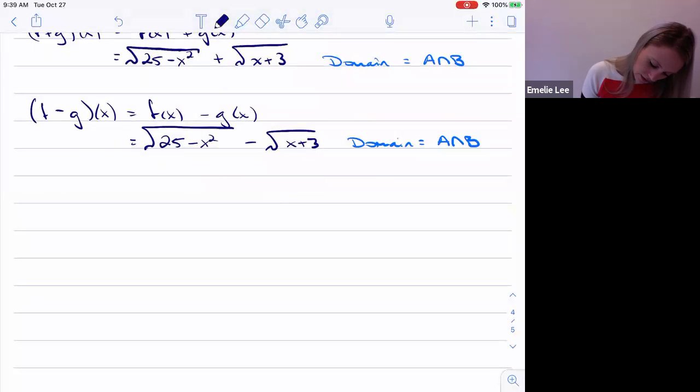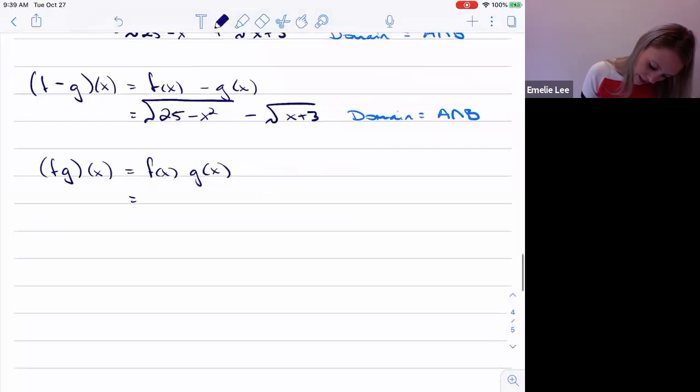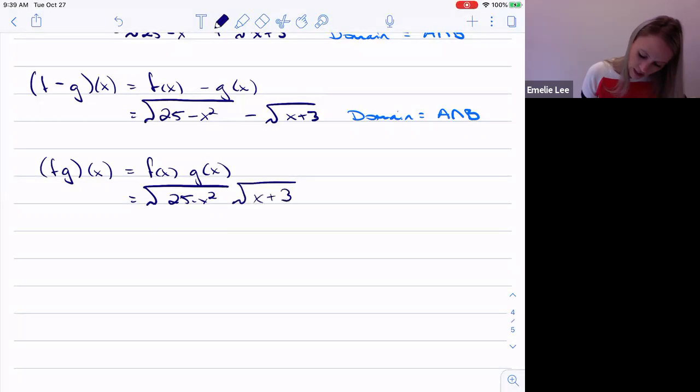And then f times g of x is f, then I say f, but I wrote g. F of x times g of x. Now I've got the root of 25 minus x squared times the root of x plus 3.